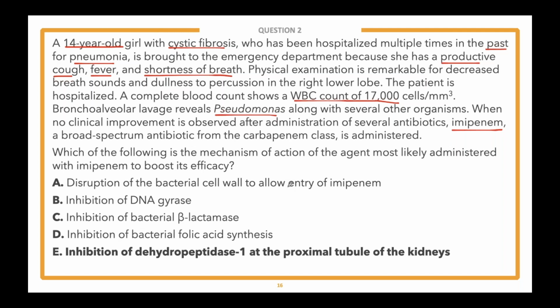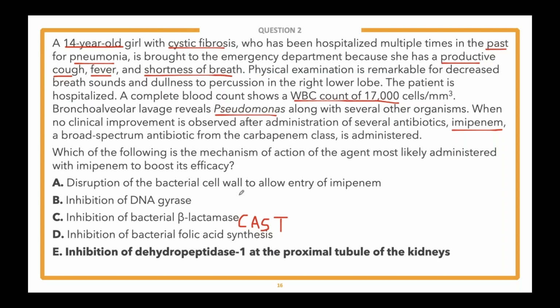There's also a mnemonic for this called CAST, and that's clavulanate, avibactam, sulbactam, and tazobactam. You can find that in First Aid. While they're helpful at protecting certain drugs against destruction by bacterial beta-lactamase, they're not going to do anything to boost the efficacy specifically of imipenem.